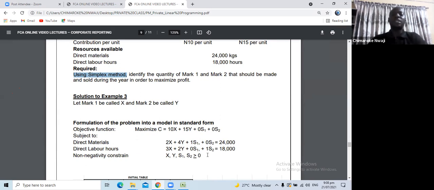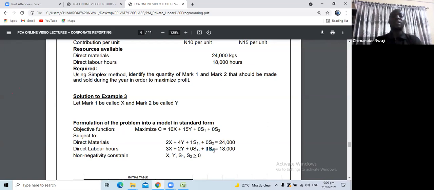At the point of origin, your slack variable will be 18,000. But you agree with me that the x here is also the same x here in labor. The y in material is also the same y here. But this slack here is different from this slack.